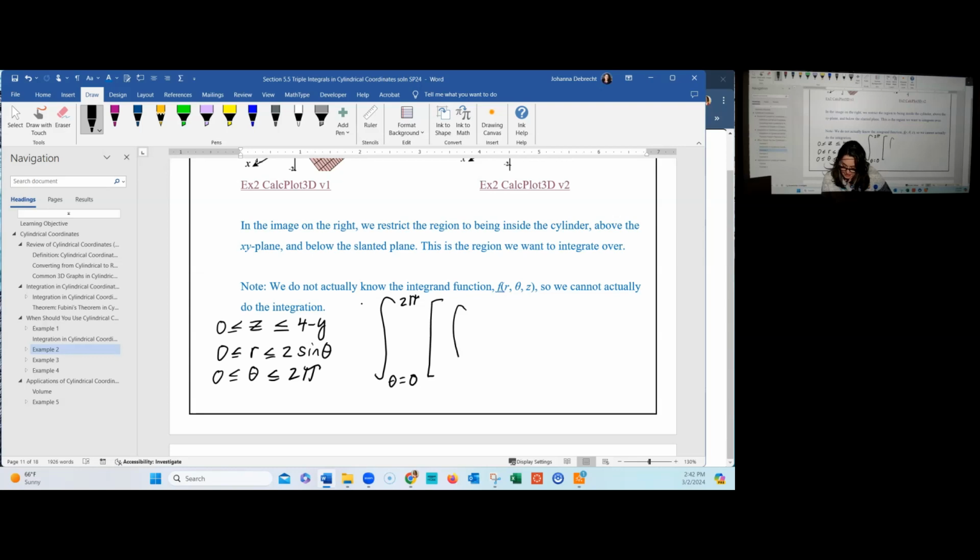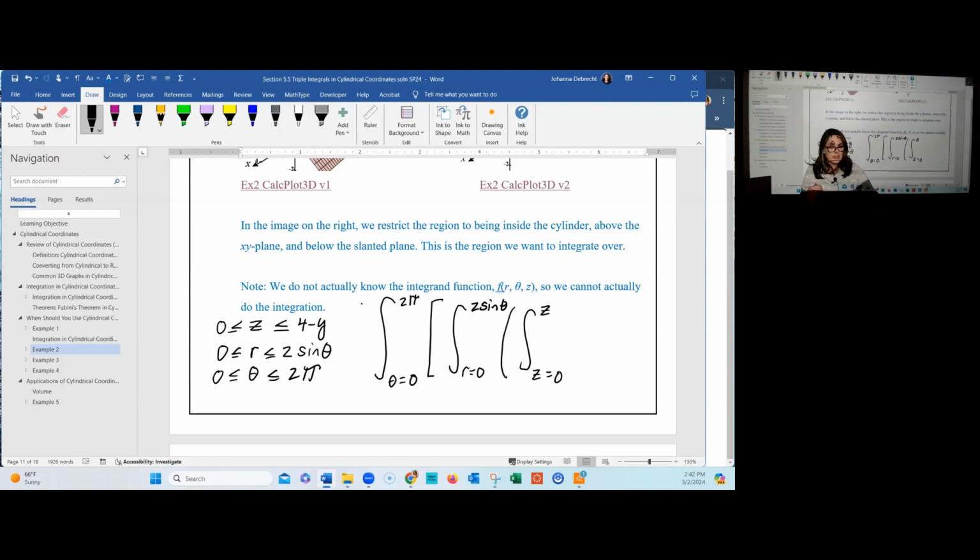On the inside, in the middle integral, we have r equals 0 to 2 sine of theta. And then inside of that, the integral from z equals 0 to z equals, now we're in trouble.